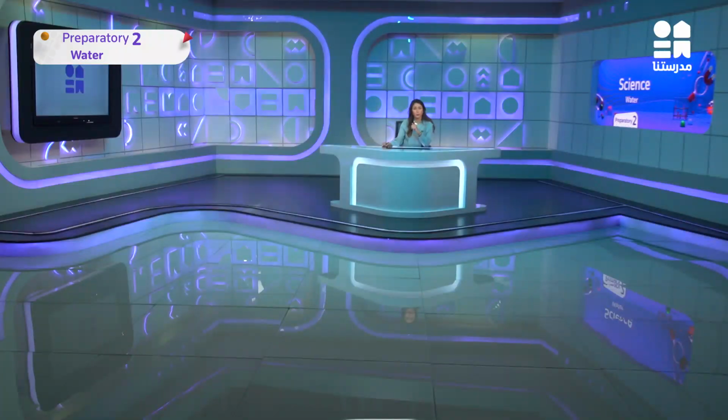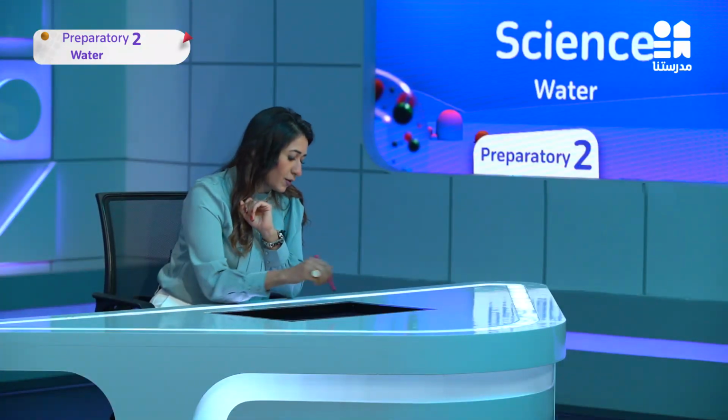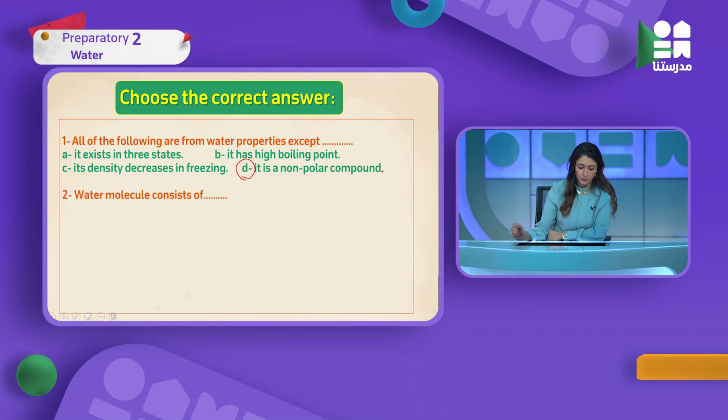Water exists in 3 states, so it's with us. It has a high boiling point, of course. Its density decreases in freezing, yes, it's one of the properties. But water is a good polar solvent. It's not a non-polar compound. So our answer will be D. Let's move on.